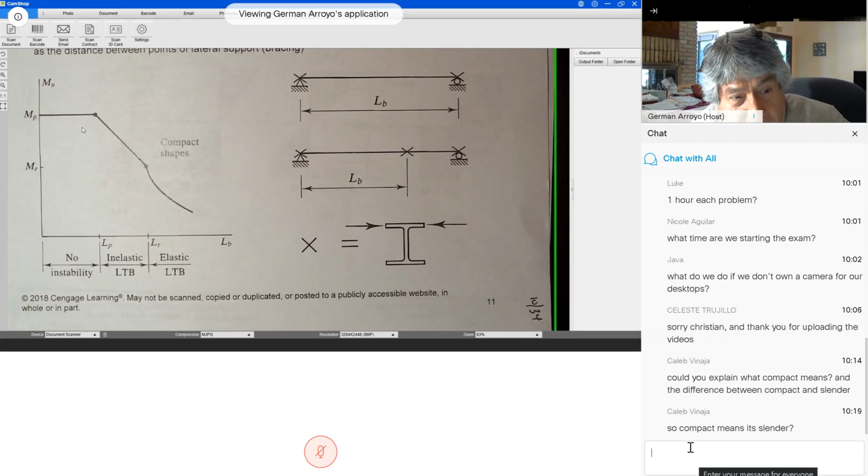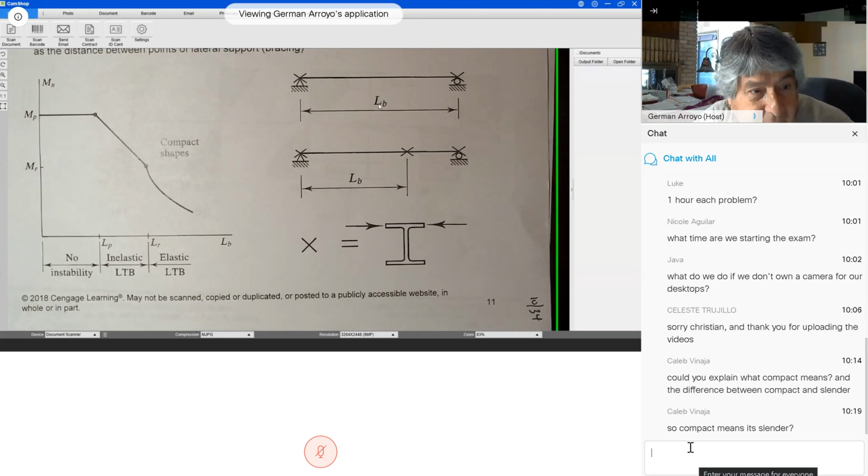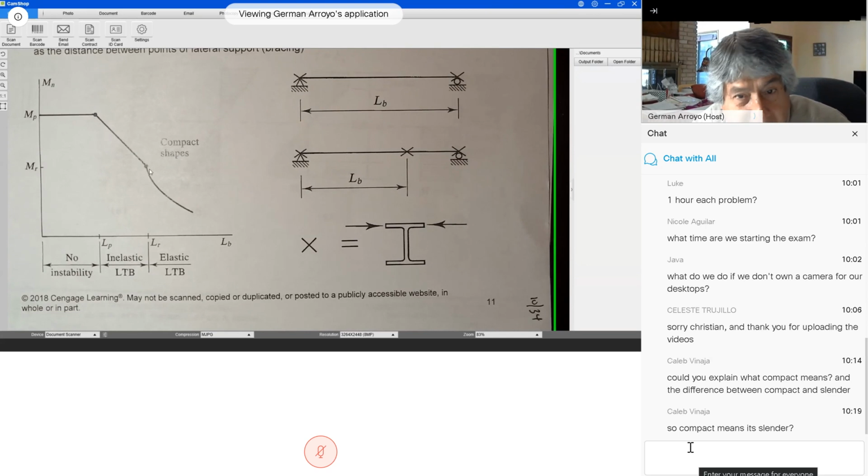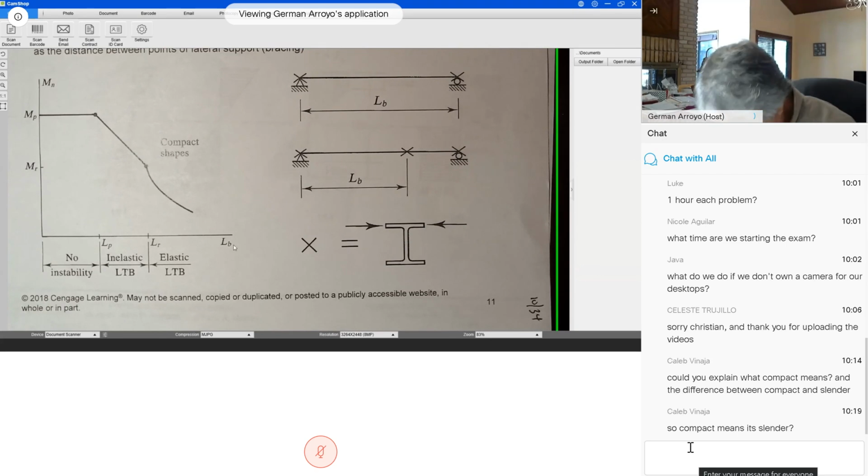There are compact sections, the geometry will tell you it's compact, but because of this unbraced situation, it will reach a value between M sub P and M sub R. And the section where this is large, it will never develop the plastic moment. It will have a value between M sub R and whatever value is in here. So a compact section is the one that can develop a plastic hinge.